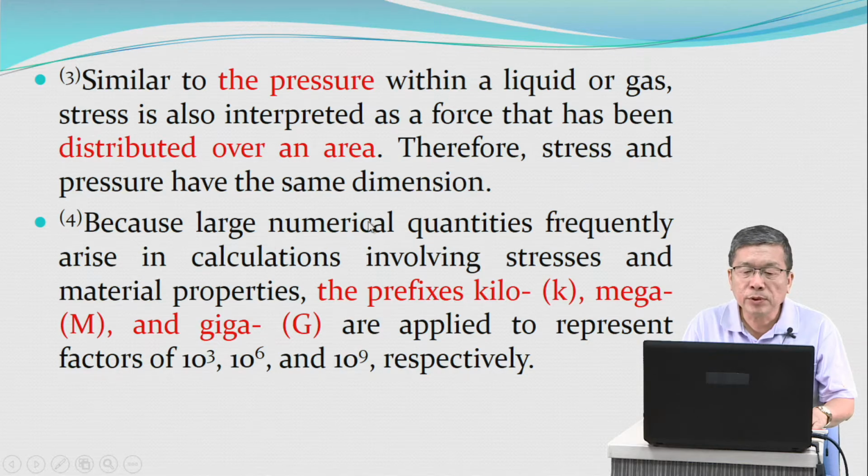Because large numerical quantities frequently arise in calculation involving stresses and material properties, the prefix kilo, mega, and giga are applied to represent factors of 10^3, 10^6, and 10^9 respectively.